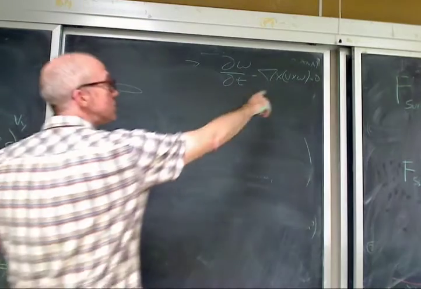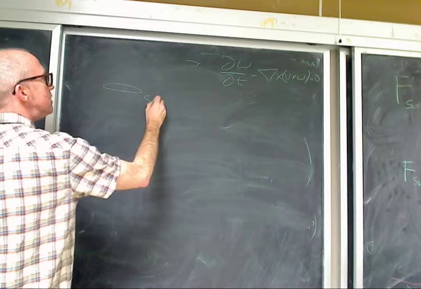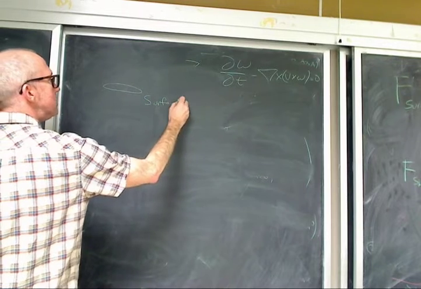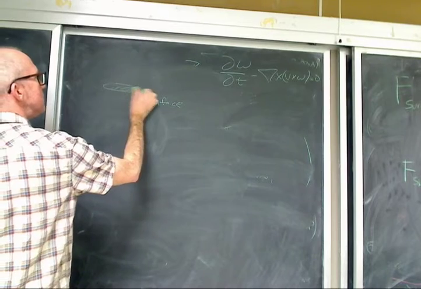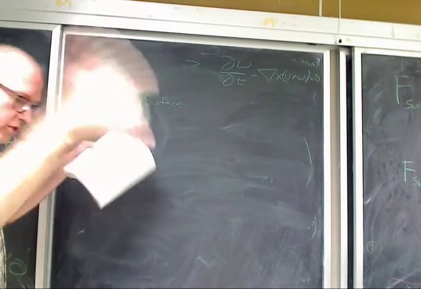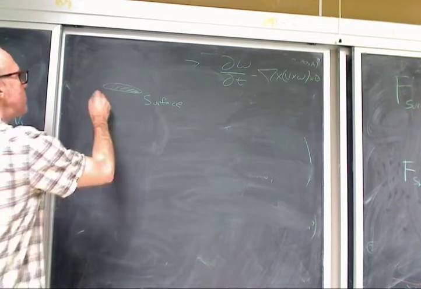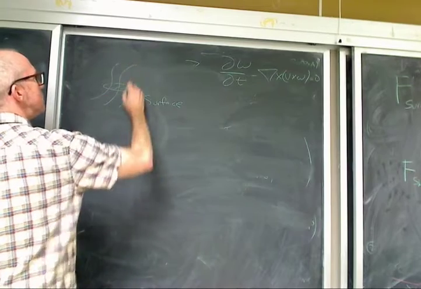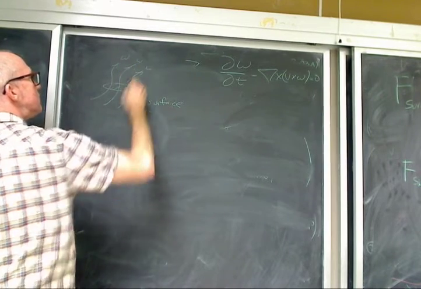So Stokes, this is a curl, so we're going to need to use Stokes. So I'm going to have a surface S. And my stuff is all swirling around, and this is omega. It's a vector.